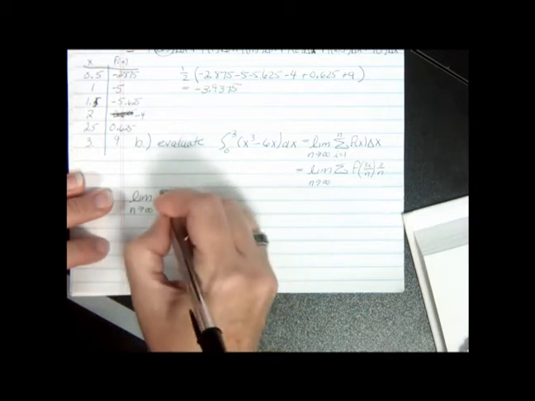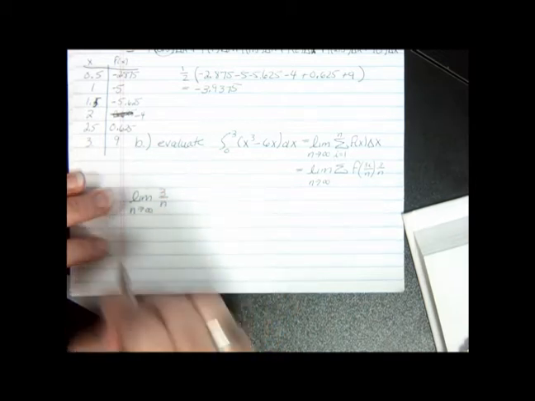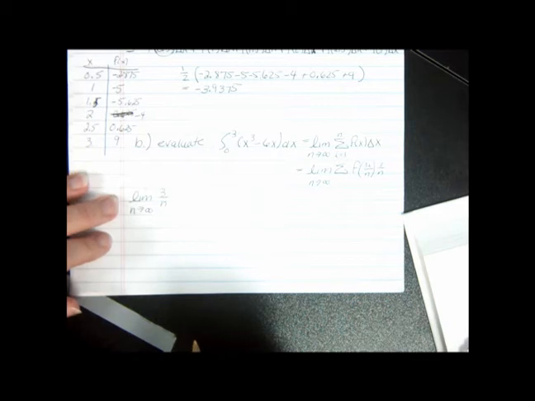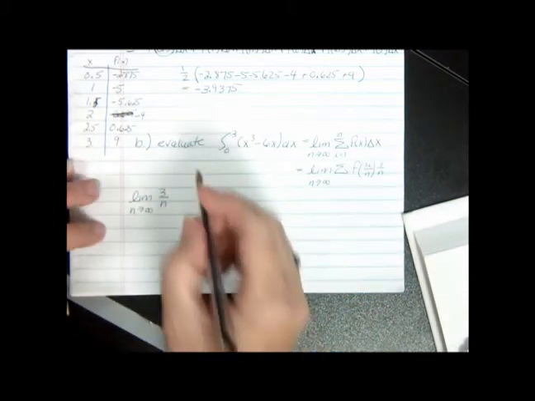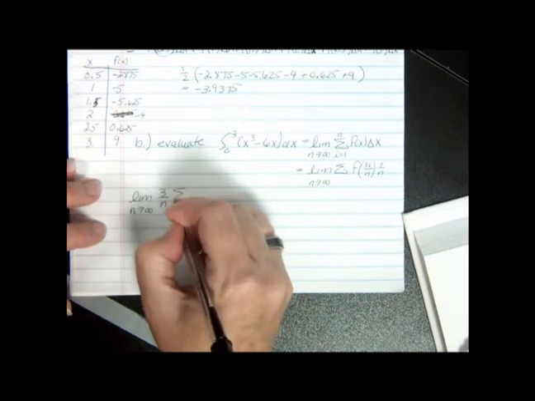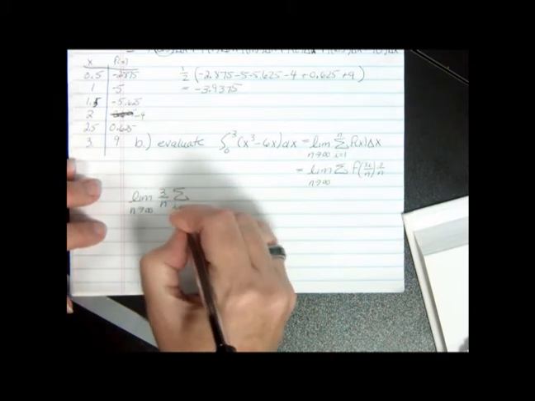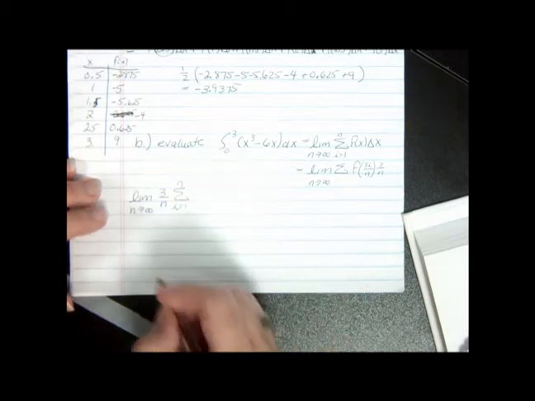Now my 3 over n is going to be my width value, so I can actually pull it out because it's a constant, and I'm going to look at my sum from 1 to n, and again I'm approaching infinity.